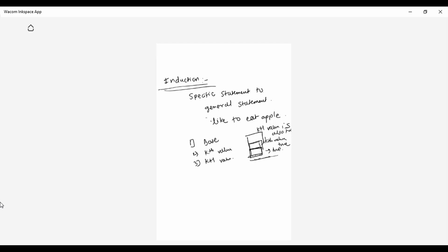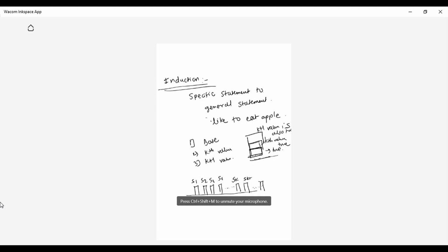Okay, I'll give you an example. See this. Suppose I have a number of statements here: 1, 2, 3, 4, and so on. I will have S1, S2, S3, S4, S(k plus 1), and so on.